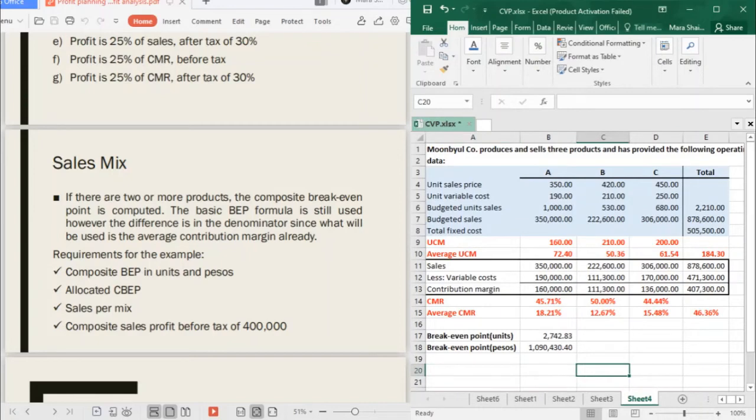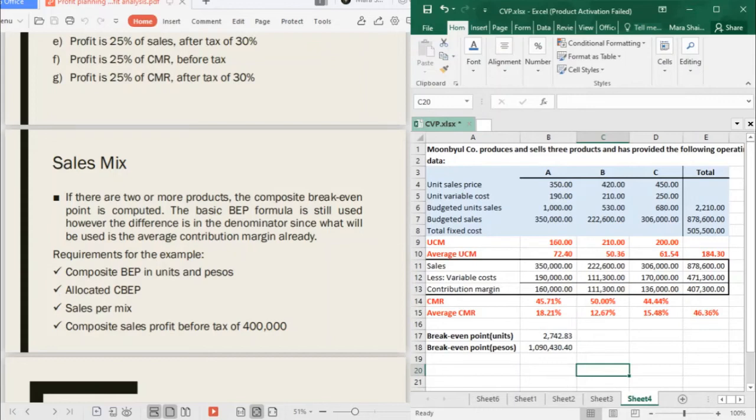When there are 2 or more products na involved, the computation for break-even point o sa imong mga unit contribution margin o imong mga CMR is mo vary na pud siya. Mo vary in the sense na ang imuhang gamiton is already the average or imo na siyang i-average. Now, in getting the average, you need to take into consideration the sales mix na ratio. So, makita na to sa itong example.